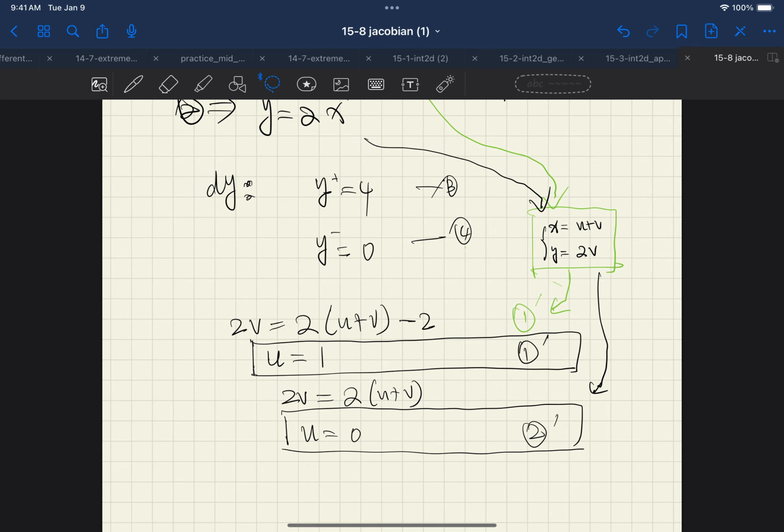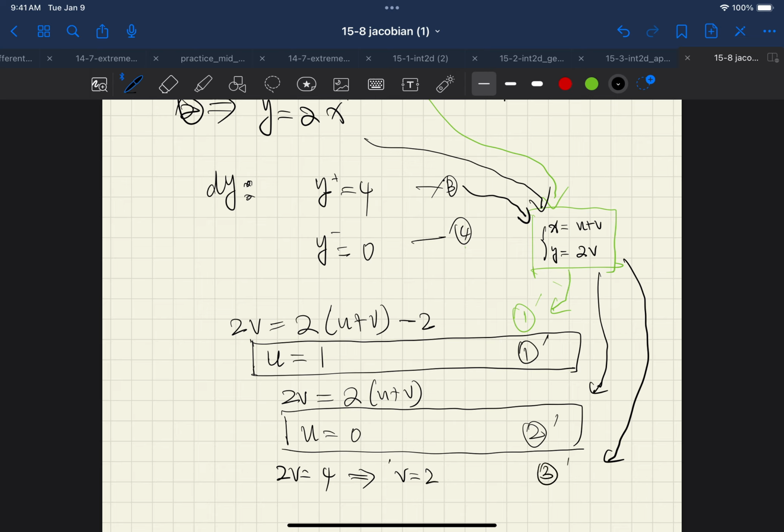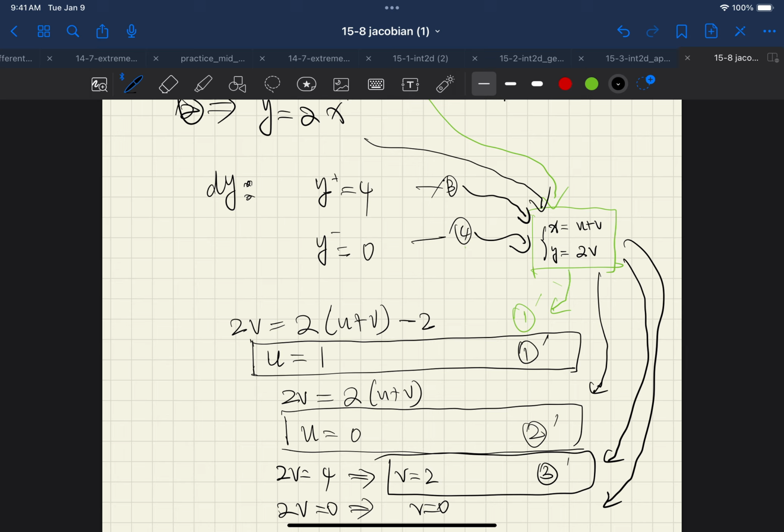Okay, so for number 3 and 4, even easier. If I put 3 into the machine, then it comes out to be y equals 4. In other words, 2v equals 4, then you can get v equals 2, which is 3. And if 4 goes into the machine, y equals 0 means 2v equals 0, so v equals 0 for equation number 4.